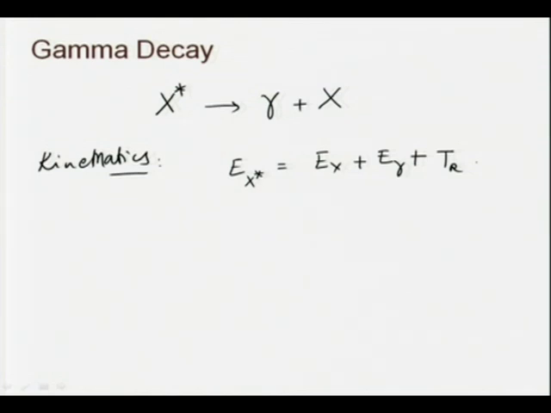Therefore, the energy conservation equation is: initial energy E x star is equal to the sum of the final state energies, E x plus E gamma, which is the energy of the photon emitted, plus the kinetic energy of the recoiled nucleus or the atom.